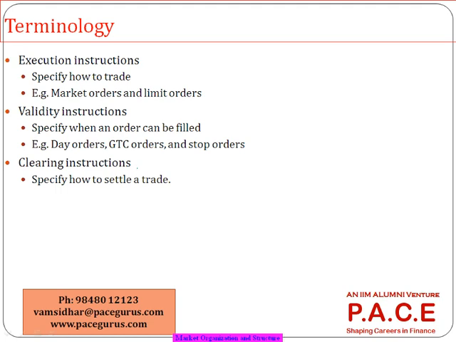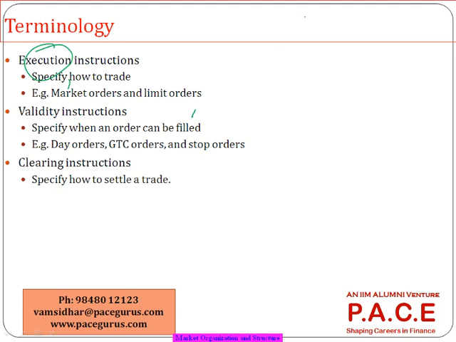And the next thing is, there are different kinds of instructions available as far as trades are concerned. There are execution-based instructions, like at what price or how the trade should be executed.